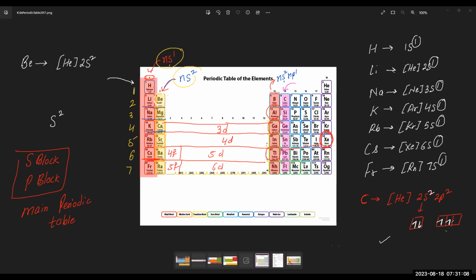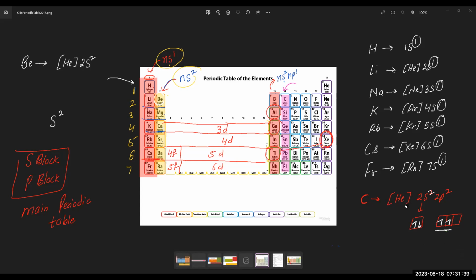I'm just using Hund's rule. One like this, other one like this. It means they are spinning in the same direction. They have the same spinning direction. So this is called parallel spins. Naisha, are we clear about it?